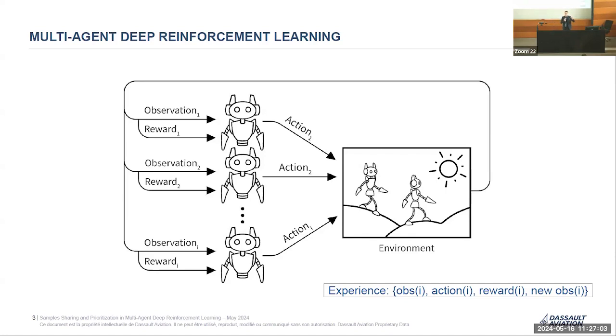And now all agents receive a new observation from this new state and also a reward. And this process goes on and on until we meet a terminal condition or a goal state. And in this framework, we define an experience as a tuple made of an observation for agent i, the action of agent i, the new observation of agent i, and the reward received by agent i.